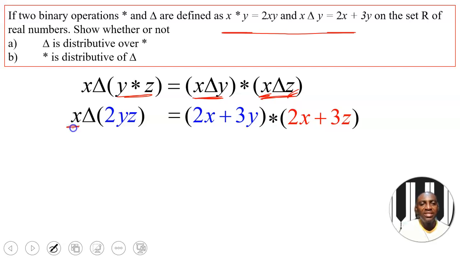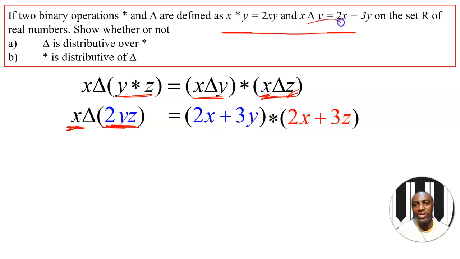Now we are treating this whole thing as one entity, and we are dealing with x triangle operation 2yz. And so again, we come back to this portion of the work.